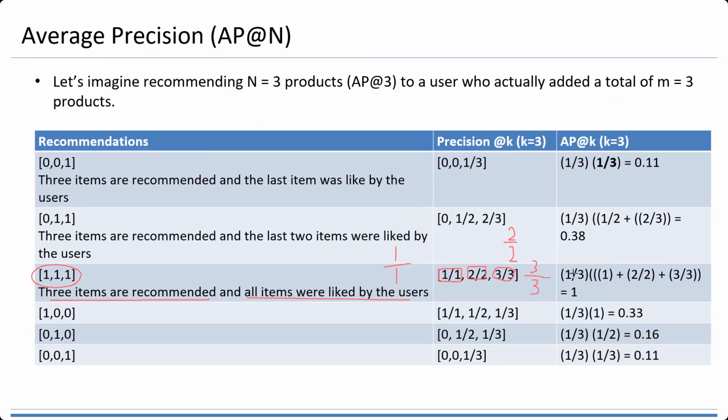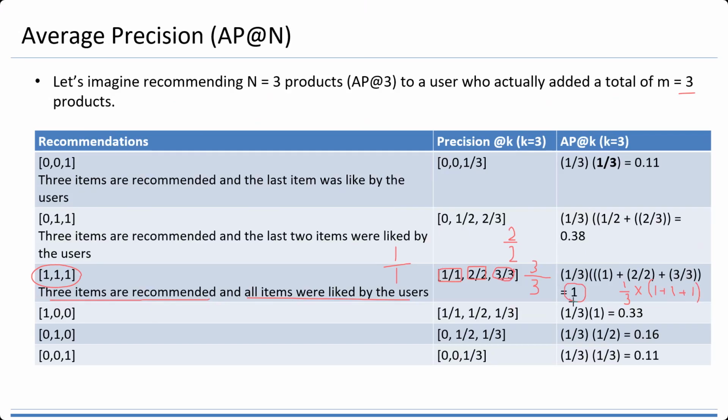Then we can measure 1 divided by 3, where M equals 3, multiplied by 1 divided by 1 plus 2 divided by 2, which is 1, plus 3 divided by 3, which is 1. Then the maximum is 1. So the precision is 1. We can say that all of the recommended items were liked by the users.